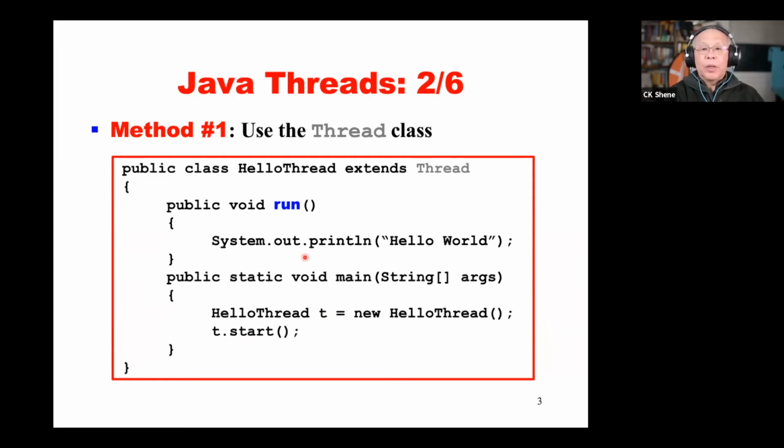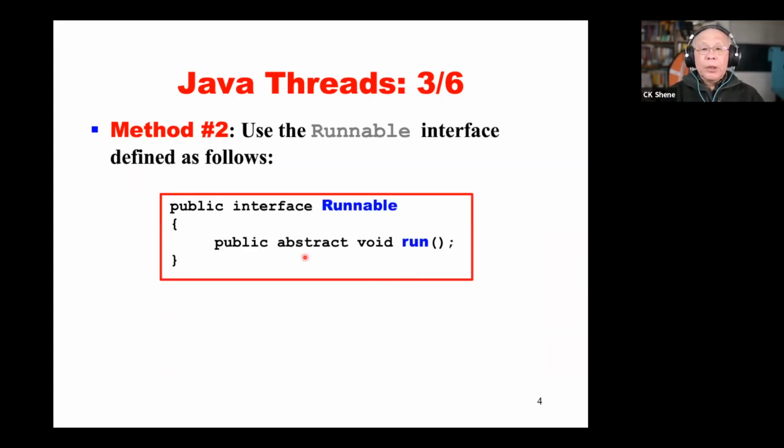So this is very simple. Using the Runnable interface is also very simple. It's a public interface Runnable, and inside it we have a public abstract void run. You simply override or design a new run method, and you are done.